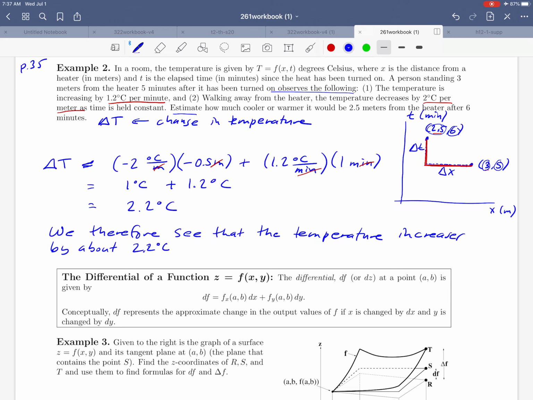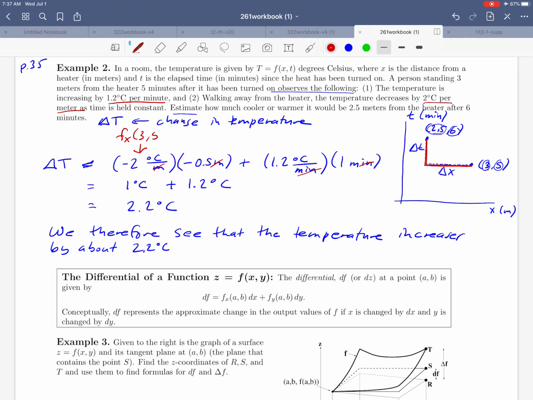Okay. So good, we've got an answer to our question, but what's interesting is to analyze the pieces in that answer, to look at the building blocks of how we got to 2.2. If you start with this -2 degrees Celsius per meter, that was a rate of change in the x direction, how fast the temperature is changing as we move away from the heater.